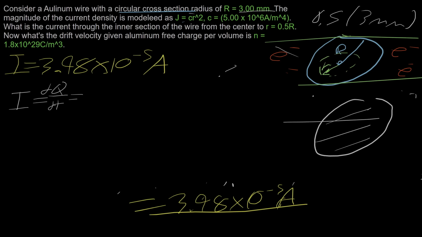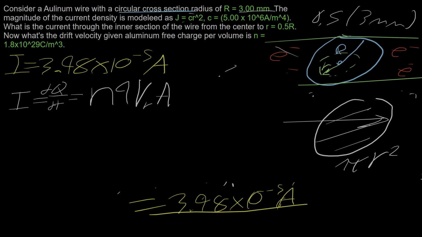So imagine you have these electrons passing through. There's going to be some density of them per volume going through at a certain point. And then we're going to have their charge, which is just the charge of a single electron. And then we're going to have the velocity of them drifting through this cross-sectional area. And then that leaves us with our cross-sectional area, which is equal to pi r squared.